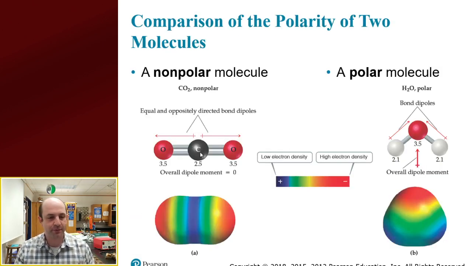So if we look at some examples here, carbon dioxide, they're polar bonds, but it's a linear molecule, and it's equal and opposite. The one oxygen's pulling to the left, the other oxygen's pulling to the right. They cancel each other out. So even though there's a kind of a negative end, well, it's negative and negative, they cancel out. It's nonpolar overall.